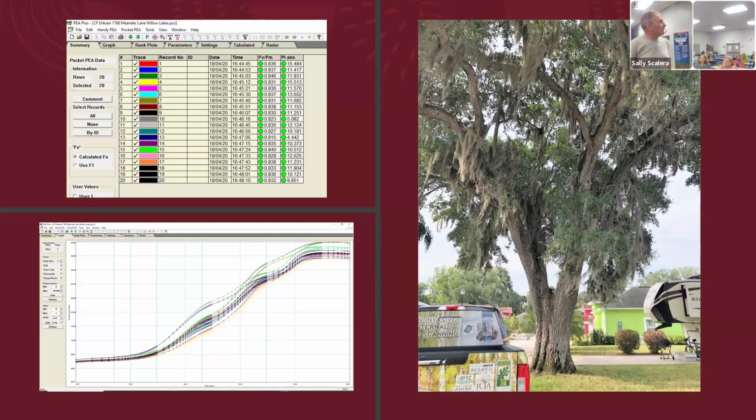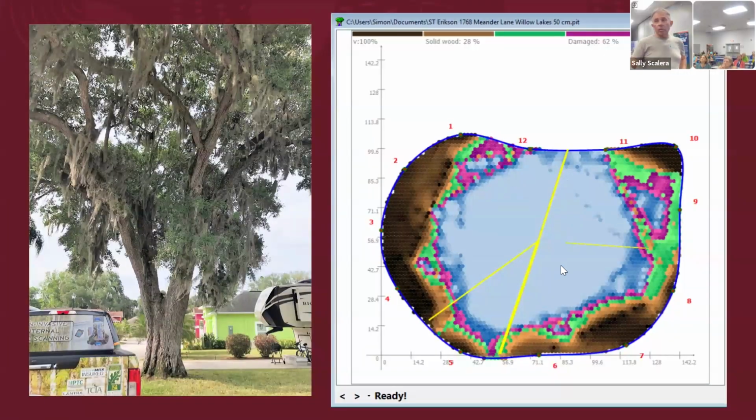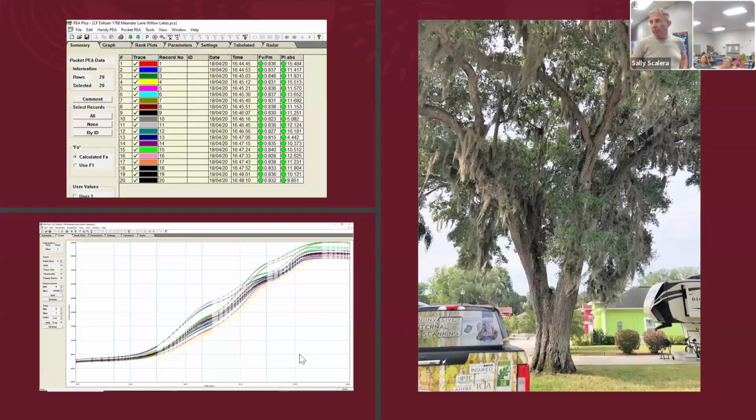So what we want to see, this is taken from this tree. Bear in mind, I showed you structural health. So this is physiological health. What it's showing us here is the leaves are reading 83s, 84s. That is right at the top of the spectrum that we are expecting in an oak tree, given what we test in the field. That's right up there.